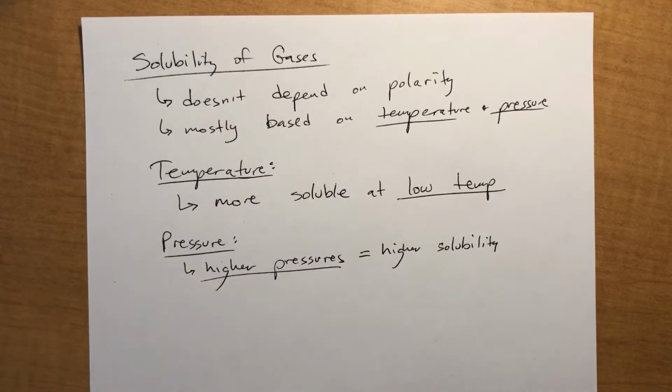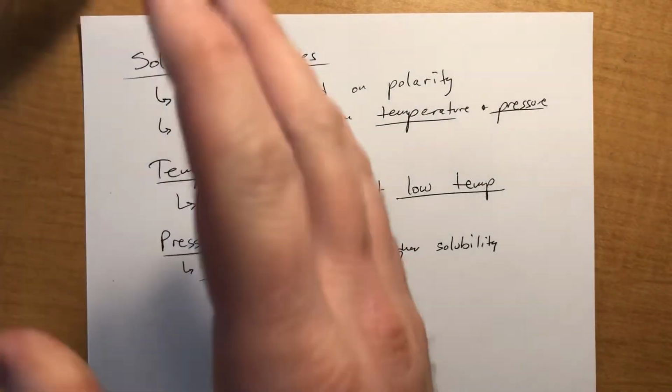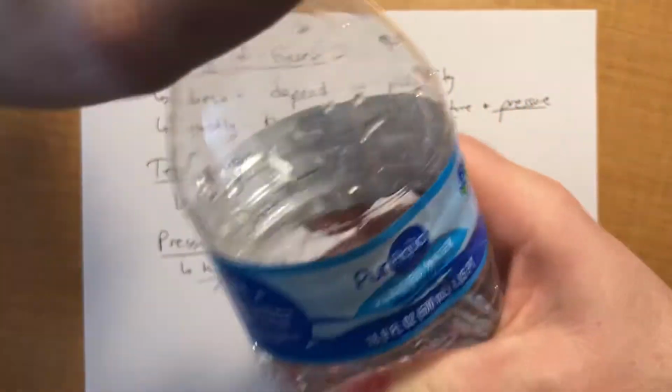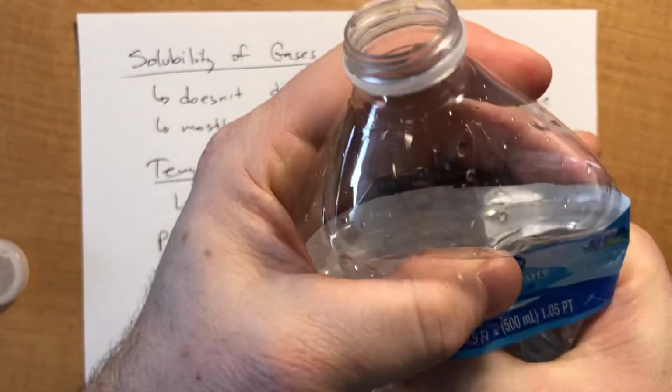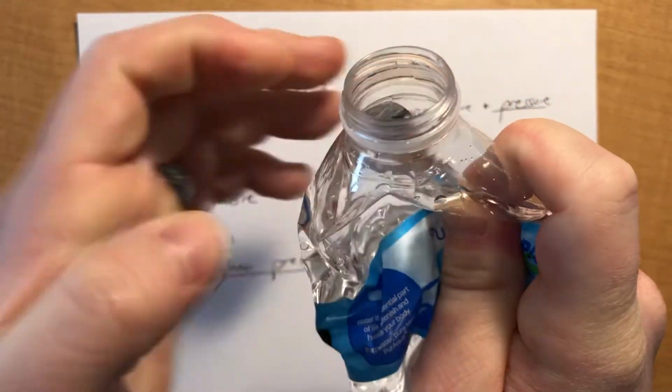Okay, so here's the idea. If you've got a 2 liter of Coke and you want to keep it as carbonated as possible, what I'm going to tell you to do is pop it open, pour out what you need, and then when it comes time to contain it, you're going to take the lid off, you're going to crush all of the air out. Now I just made this basically unrecyclable.